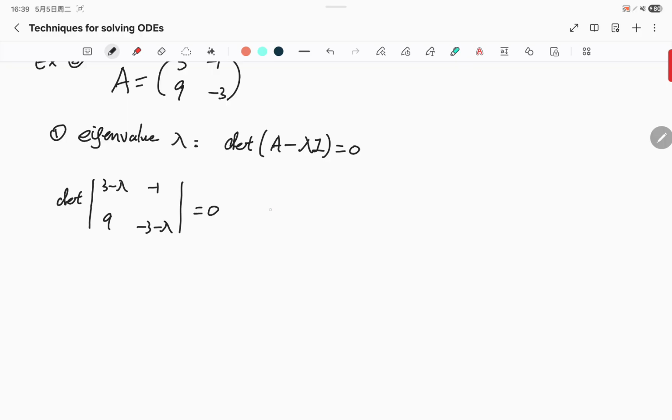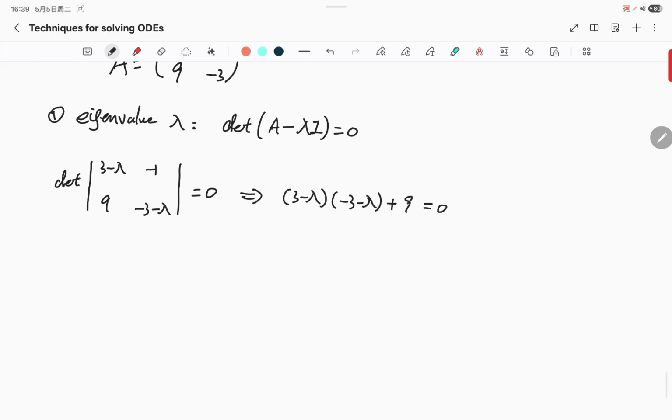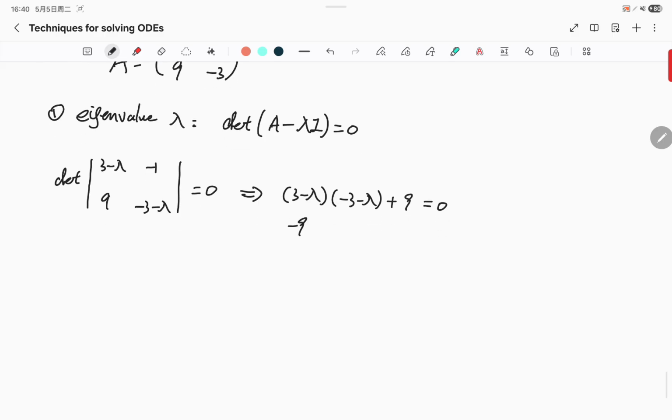So we have 3 minus lambda times -3 minus lambda plus 9 is equal to 0. I have -9, -3 lambda plus 3 lambda plus lambda squared plus 9 is equal to 0. 9 and -9 cancel out.